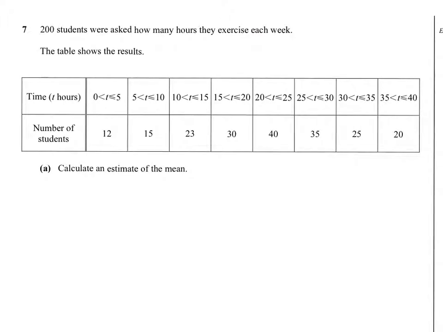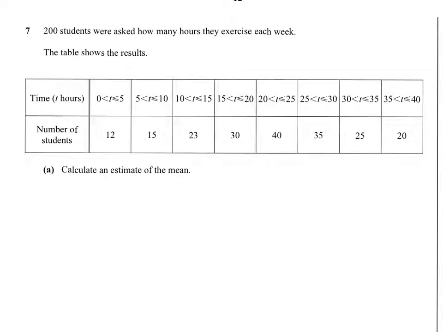The second one: we have a table and we need to find the mean. 200 students were asked how many hours they exercise each week, and this is the table. How to find the mean? In the same way, find the center for each group. For the first group, the center is 0 plus 5 divided by 2, which is 2.5.